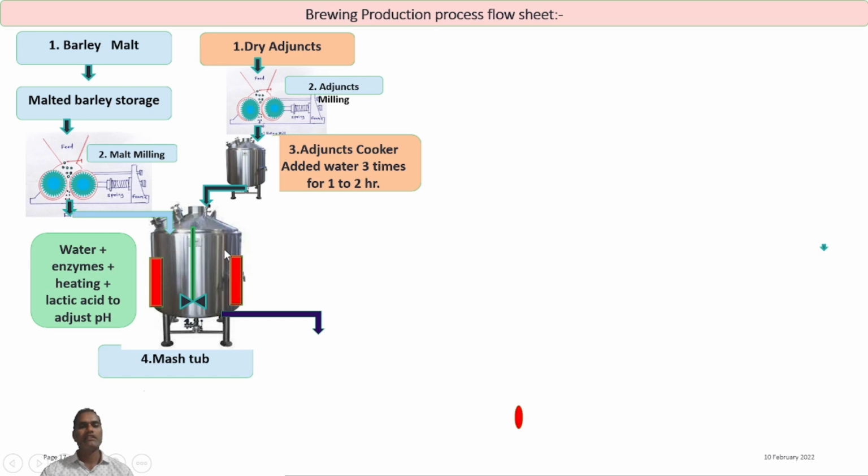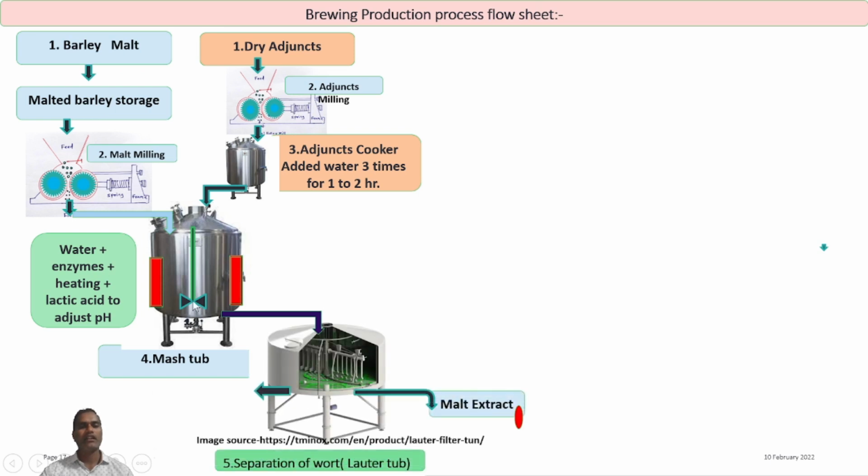This enzyme is activated and enzymatic hydrolysis is carried out in the mashing process. Mashing involves controlling the temperature, which requires 50 to 60 degrees Celsius for 1 to 2 hours, in which enzymatic hydrolysis is carried out.